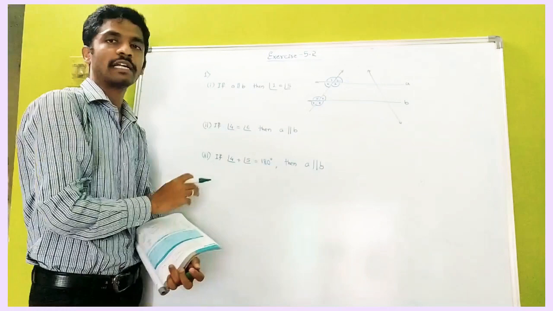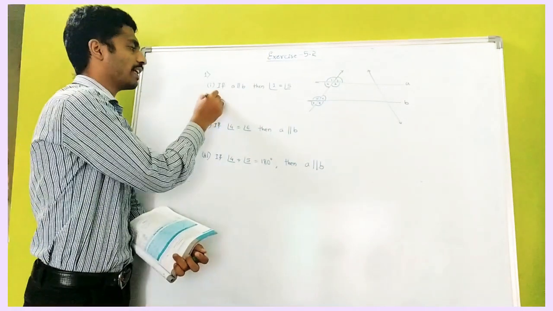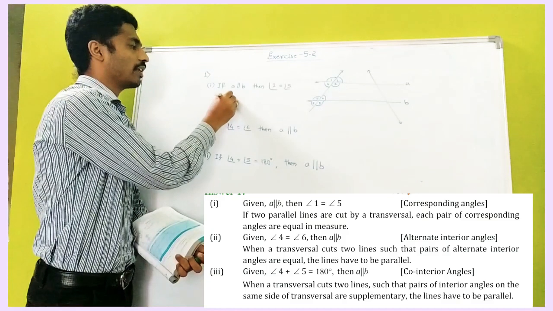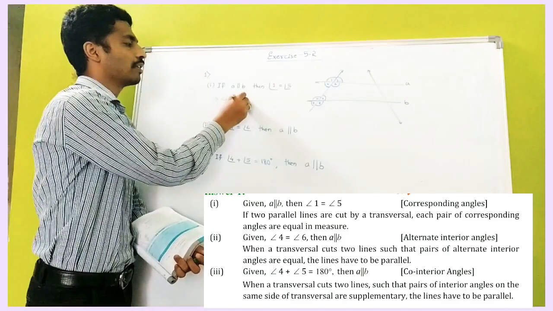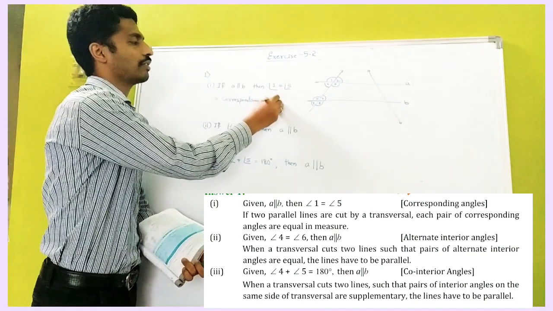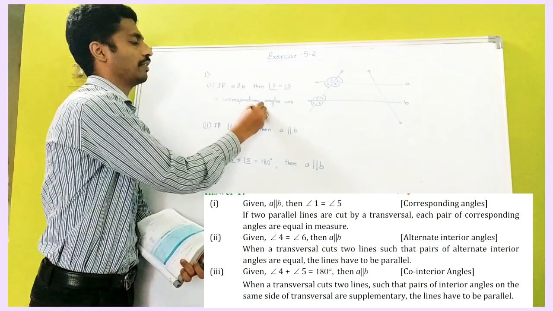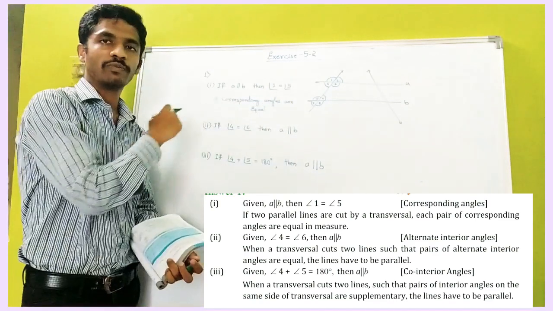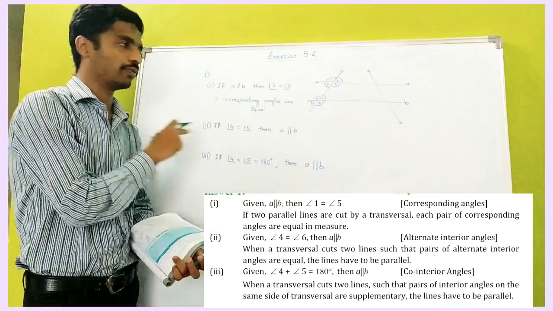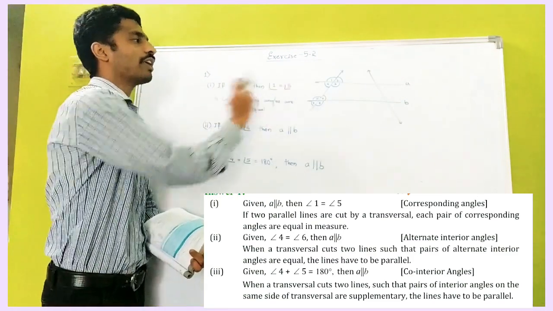When two parallel lines are cut by a transversal, then corresponding angles are equal. I gave the full sentence in the PDF, so write the full sentence. Corresponding angles are equal. That's why angle 1 equals angle 5.